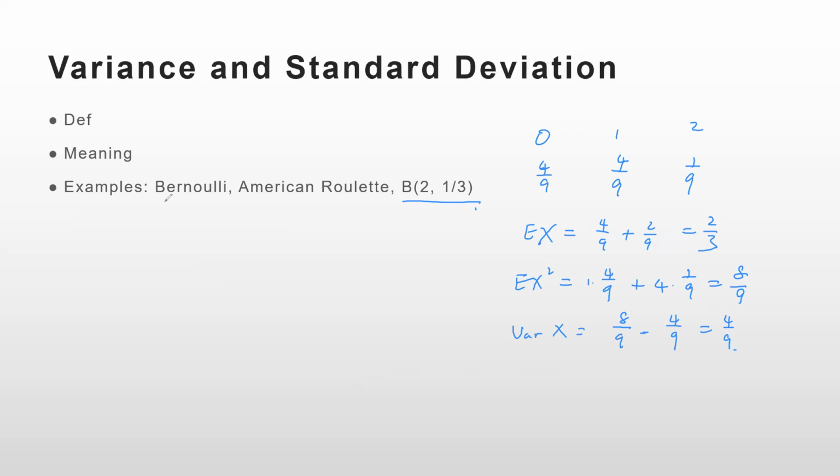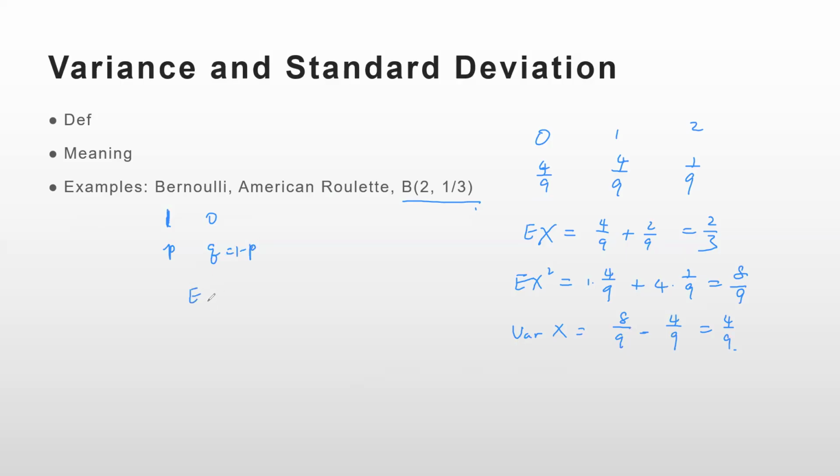Maybe I'll talk about Bernoulli quickly. The values are 1 and 0, with probabilities P and 1 minus P. Sometimes we use P and Q, where Q is 1 minus P. It's just different notation.